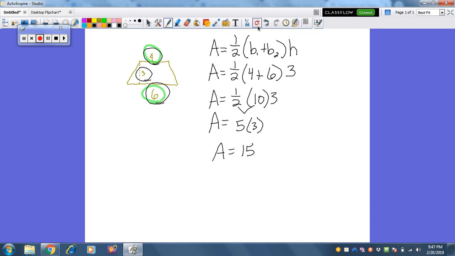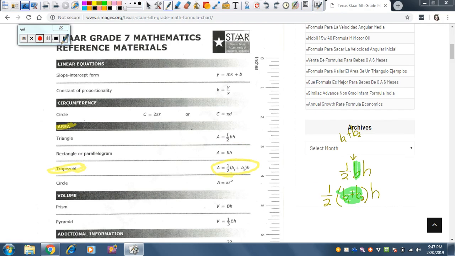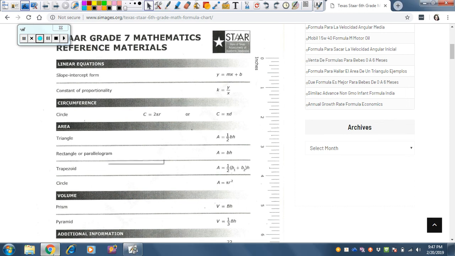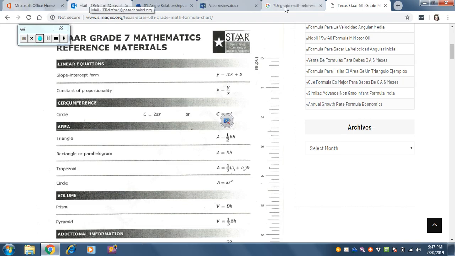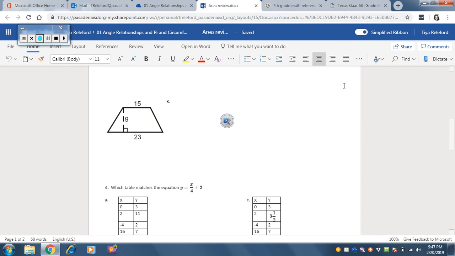All right, you have one more question. And this one is a doozy. I put this question on here because a lot of us missed this one on our mock star. Let me find it. There it is.